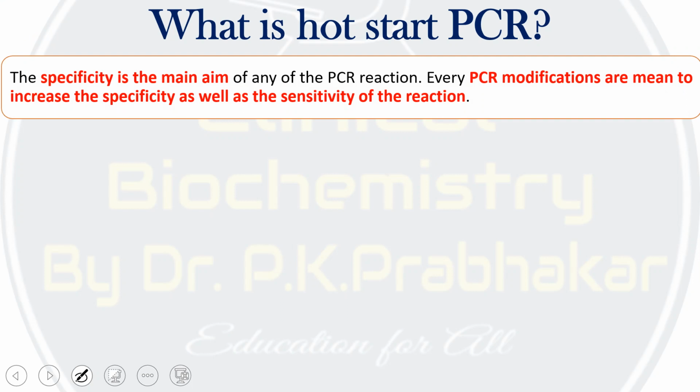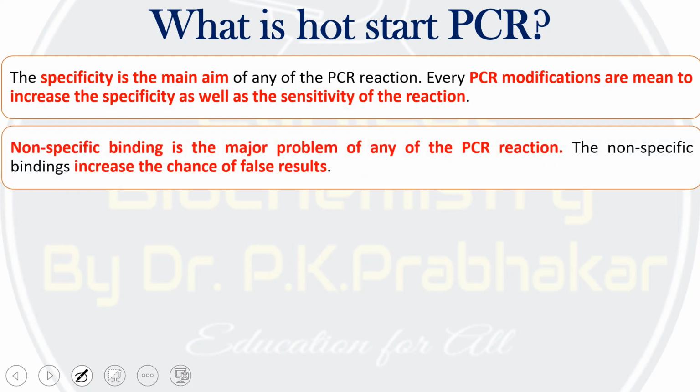Every PCR modification, whatever way we modify conventional PCR, and we have seen a few modified forms or variants of PCR, and later on we will see some other variants, aims to increase the specificity as well as the sensitivity of the reaction, meaning only the desired DNA will be extended. That is the purpose behind any PCR variant or modification.